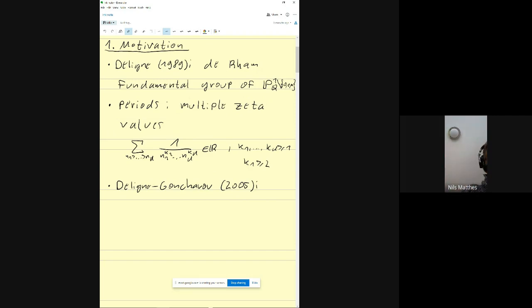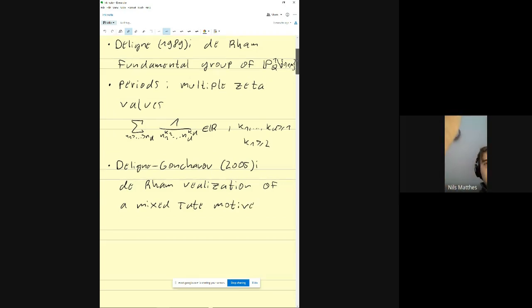They showed that the de Rham fundamental group is the de Rham realization of a mixed Tate motive.